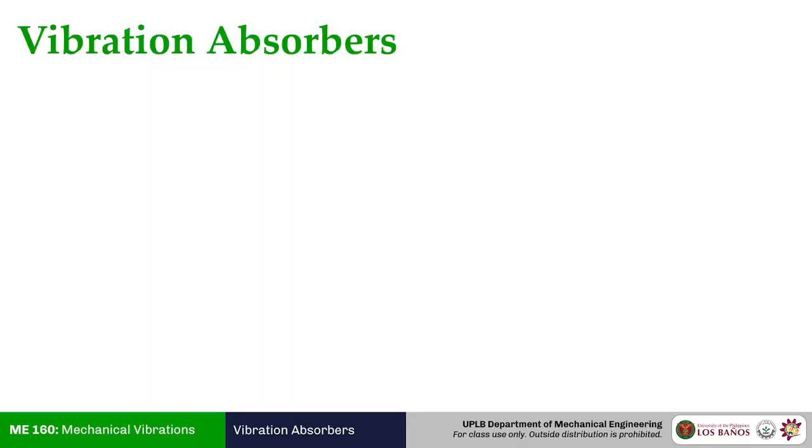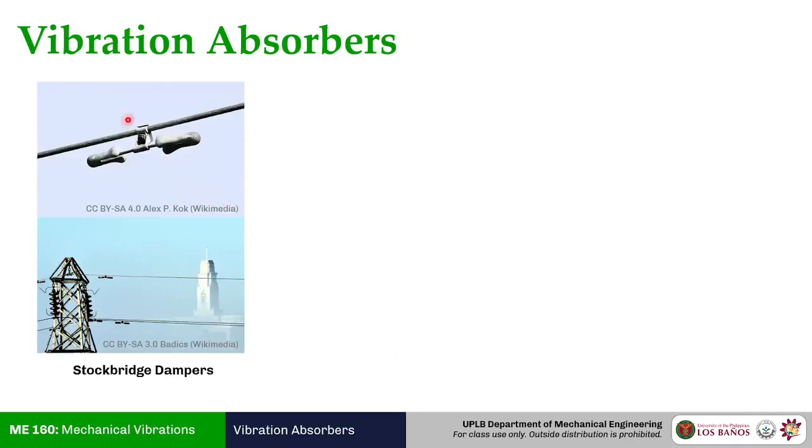So, getting on it, here are some examples of vibration absorbers. This one is not typically brought up when it comes to vibration absorbers, but if you have been traveling along the highways next to high voltage lines, you may have seen these. These are kind of weights that are hung from high tension cables.